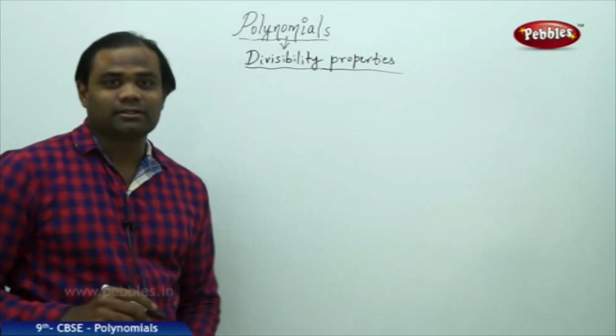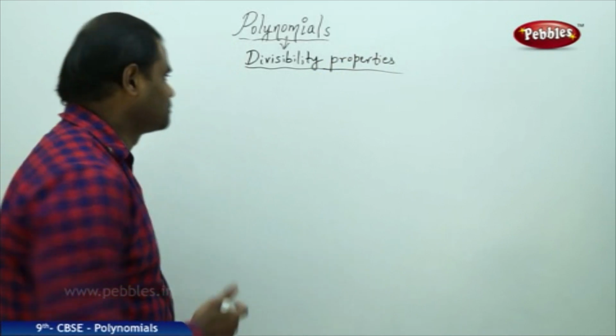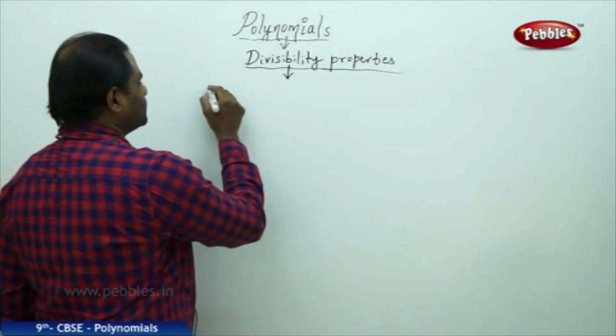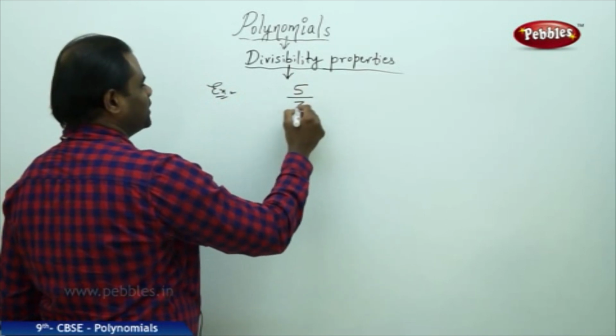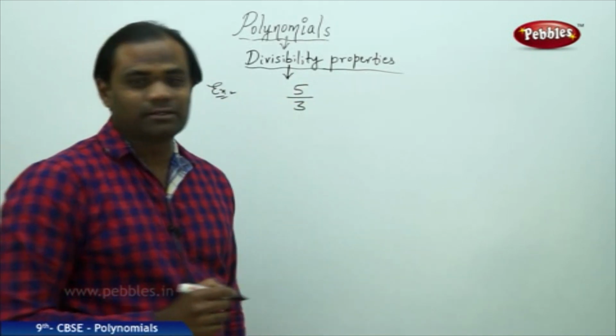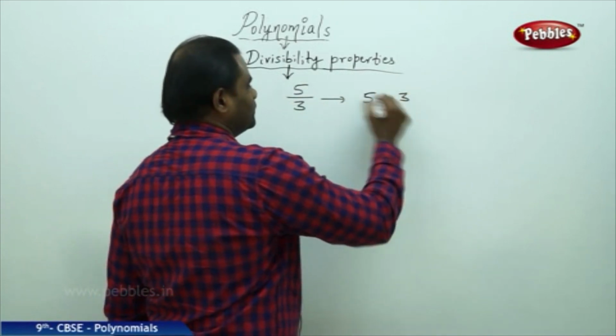Let's try to understand the divisibility properties by taking a very simple example. For example, I have the number 5 divided by 3. I would like to divide the number 5 by 3.